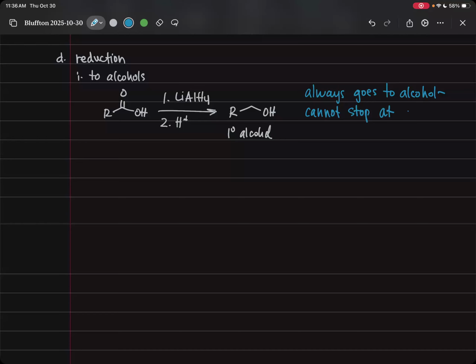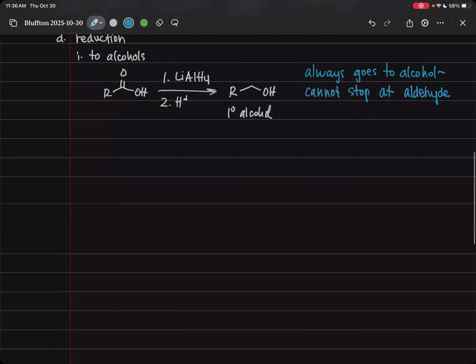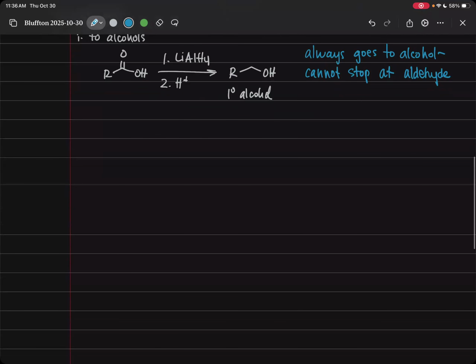It cannot stop at the aldehyde. So if you want to do that, say you'd like the aldehyde instead, we have a method to get from the aldehyde to the alcohol. You can just use sodium borohydride, that's last chapter.